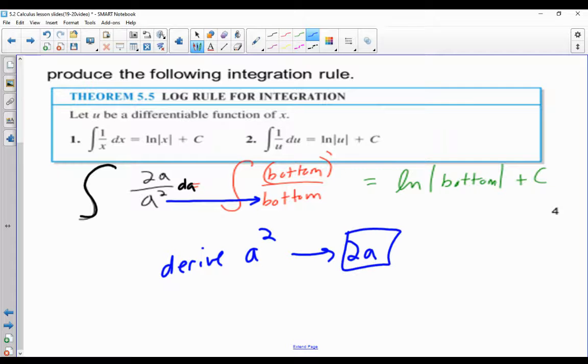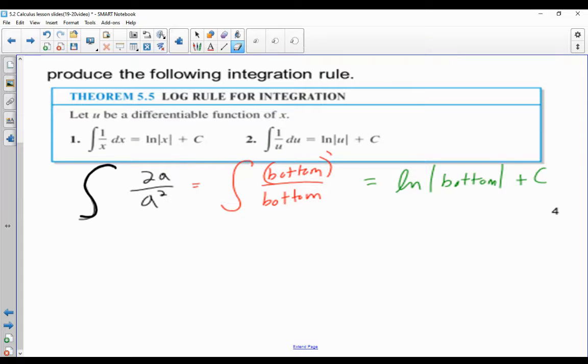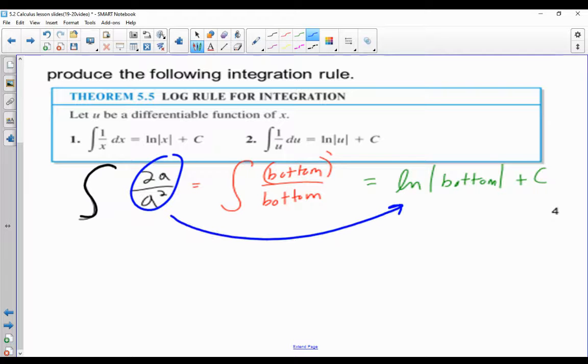Now I want you to check to see if 2a is on top. In other words, if the derivative of the bottom ends up being on top, then that allows you to rewrite this function as its original natural log function: you take the natural log of the bottom plus c.